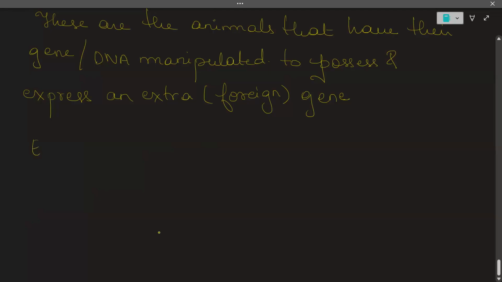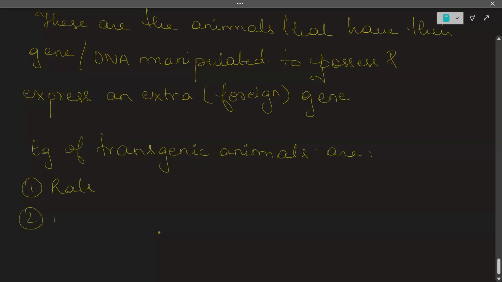Now, talking about the examples of all those animals that are transgenic. What do you think would be an example of transgenic animals? There are rats, there are rabbits. You might have seen on the back of the products that you use, it is written cruelty free, and there is a rabbit made over there.